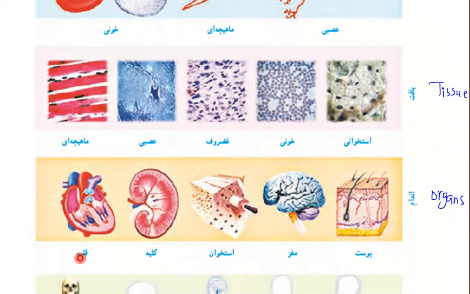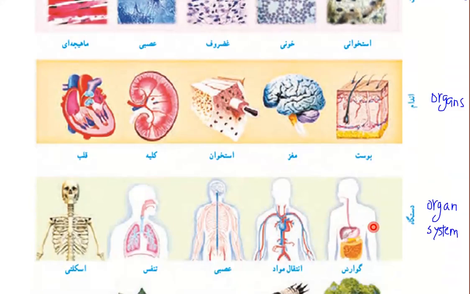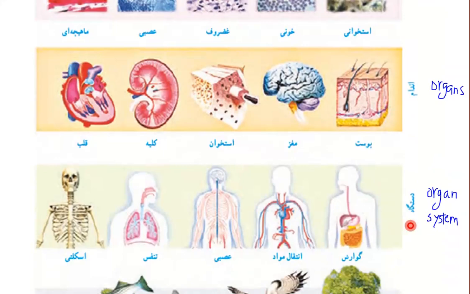Here we have heart, kidney, bone, brain, skin. These are some of the organs of the body. And then comes the organ system. Here we have a skeletal organ system, and then respiratory organ system, nervous system, circulatory system, and digestive system.